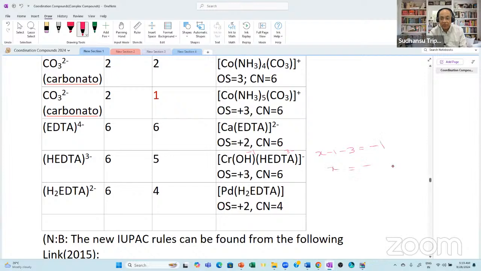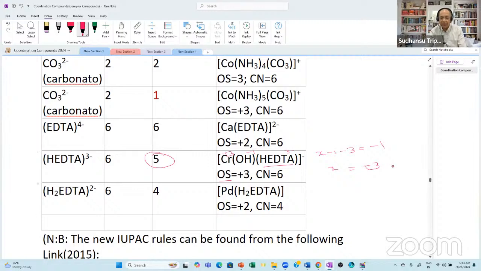So x is +3. Chromium is in the +3 oxidation state, the primary valency, and the coordination number is 6, because this is using 5 atoms, keeping 1 tooth without any use. 5 plus OH minus 1, 6.